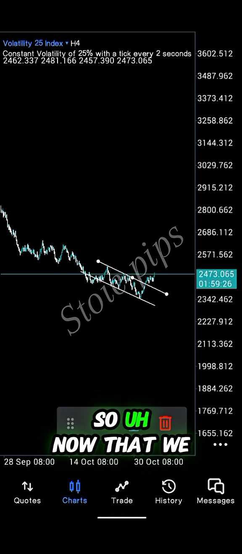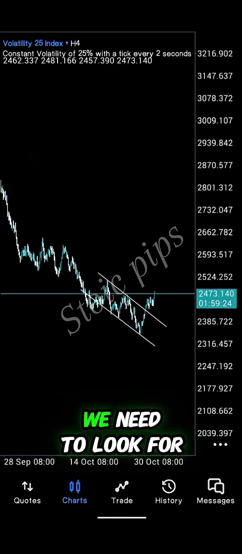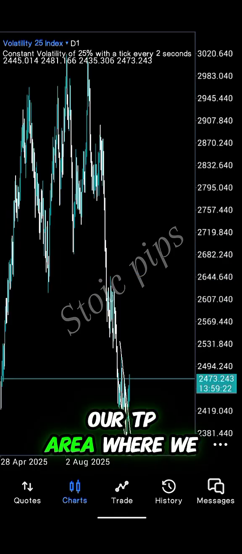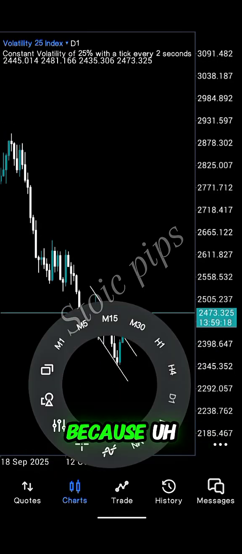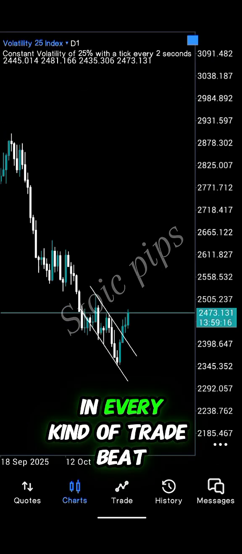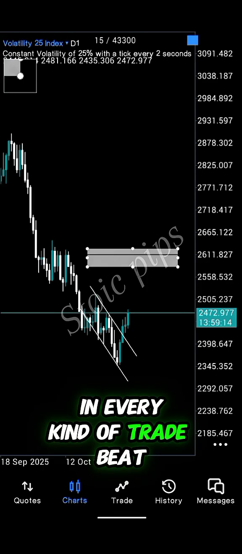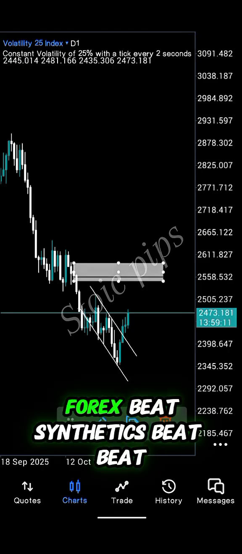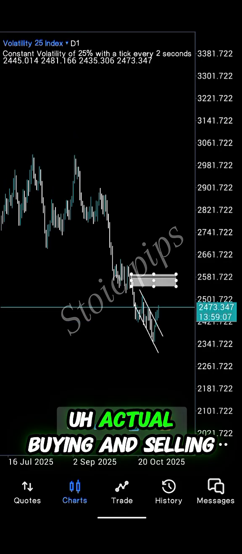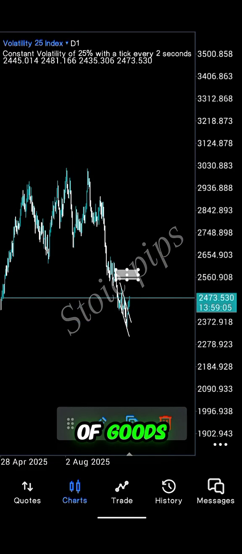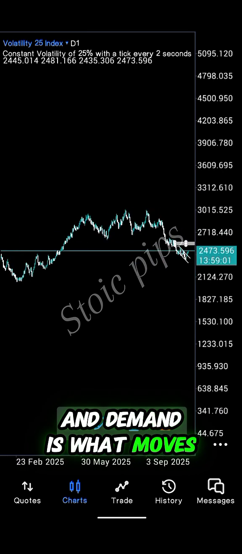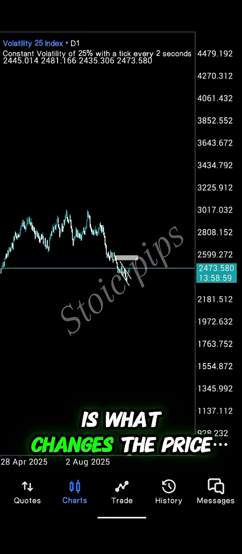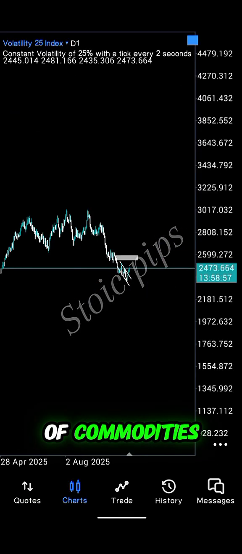So now we need to look for our TP area where we know that price is going, because in every kind of trade, be it forex, be it synthetics, be it actual buying and selling of goods, supply and demand is what moves the price, is what changes the price of commodities.